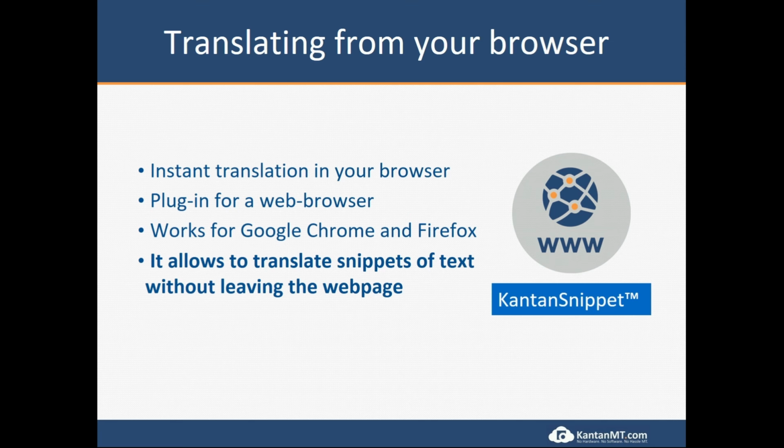Translating from your browser with Kantan Snippets. Again, instant translation in your browser. We do it all the time. It's a plugin for a web browser, very easy to install. It works at the moment with Chrome and Firefox, and it allows snippets of text to be translated without leaving the web page.